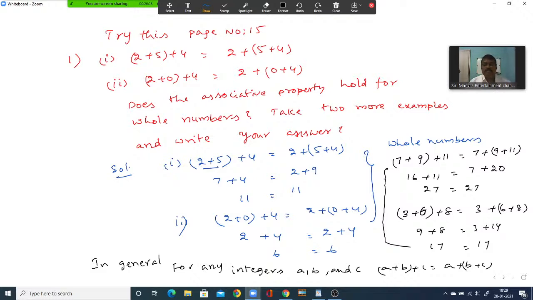So that means integers satisfy the associative property under addition.